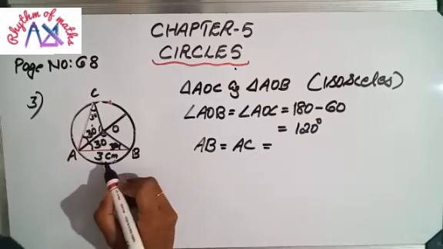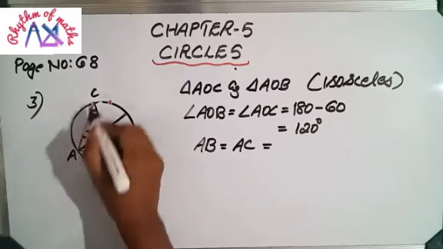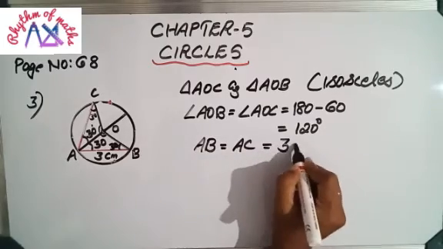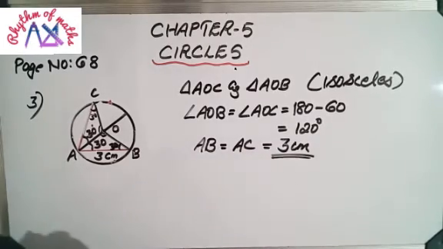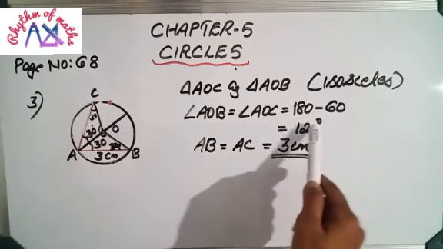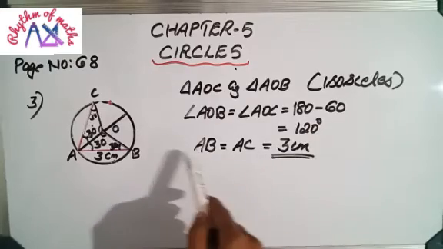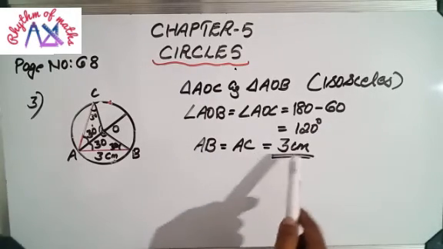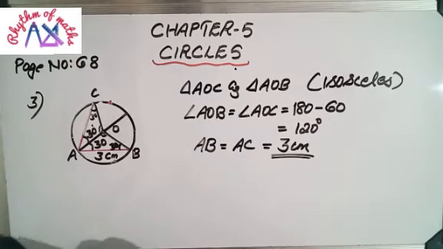AB is already given, that is 3 centimeter. That means AC will also be 3 centimeter. So this is the answer. The side opposite to the 120 degree angle, in both triangles the third angle is 120 degrees, will be equal, that is 3 centimeter. So this is the third one's answer.